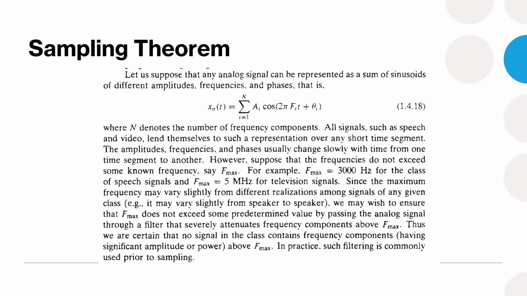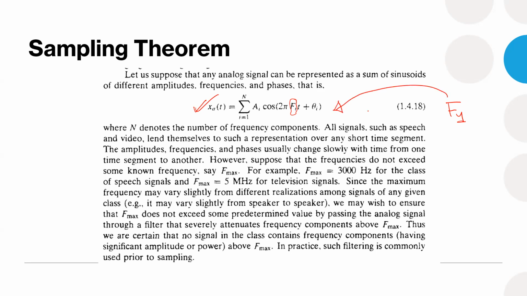contains a frequency, say for example, this is one analog signal, so it has a frequency f1. Okay, so this is the frequency f1. Now, say for example, this is the maximum frequency of this signal.